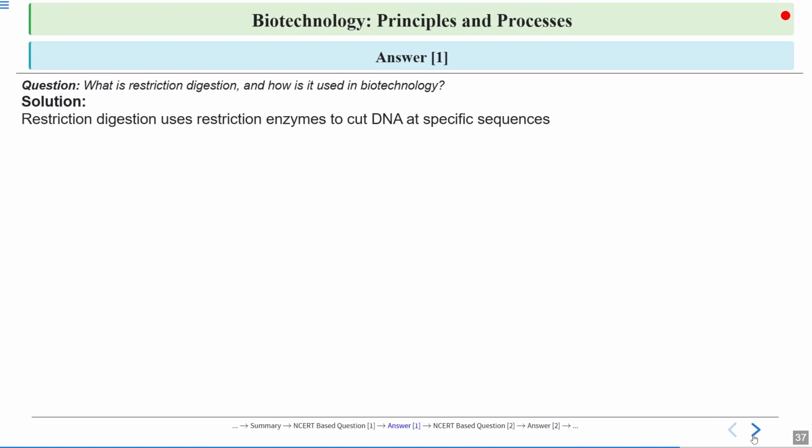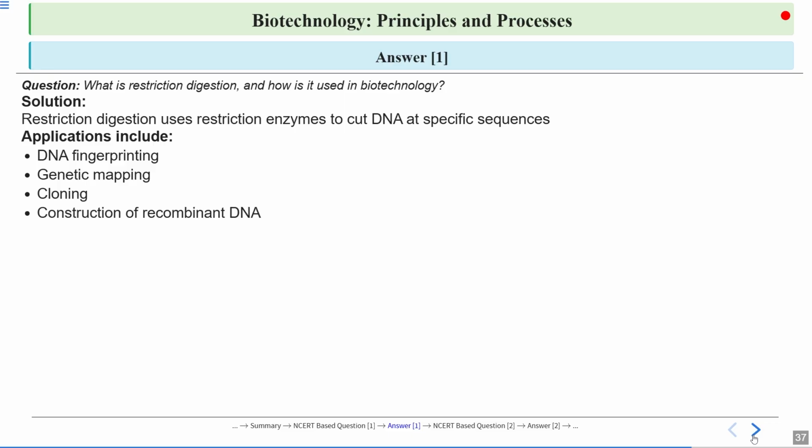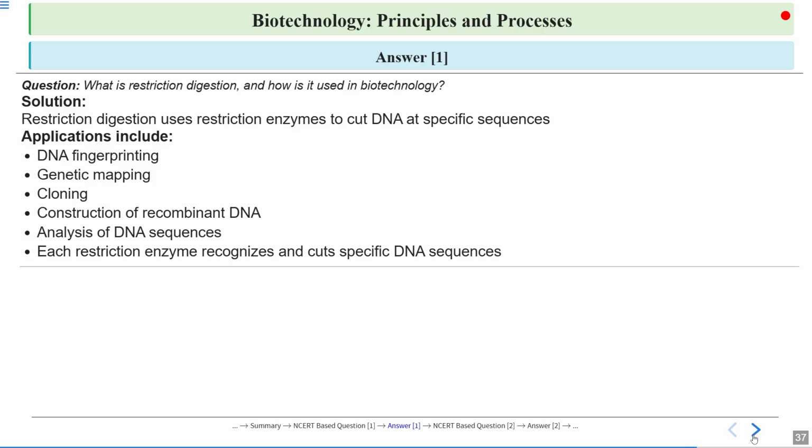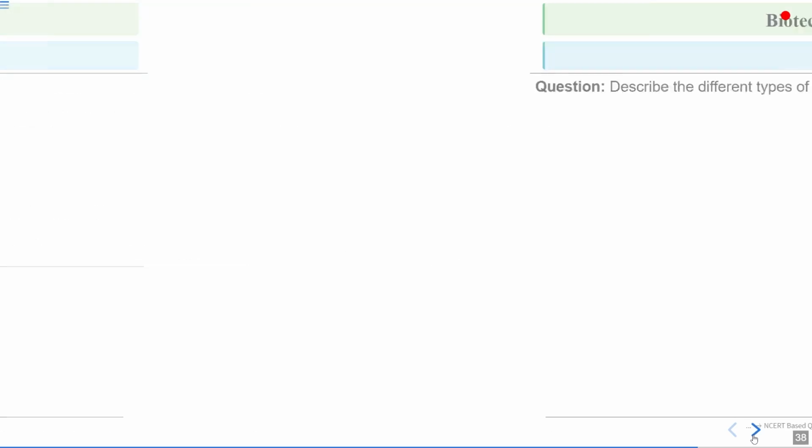Restriction digestion uses restriction enzymes to cut DNA at specific sequences. Its applications include DNA fingerprinting, genetic mapping, cloning, construction of recombinant DNA, and analysis of DNA sequences. Each restriction enzyme recognizes and cuts specific DNA sequences, and it can be used in different ways.